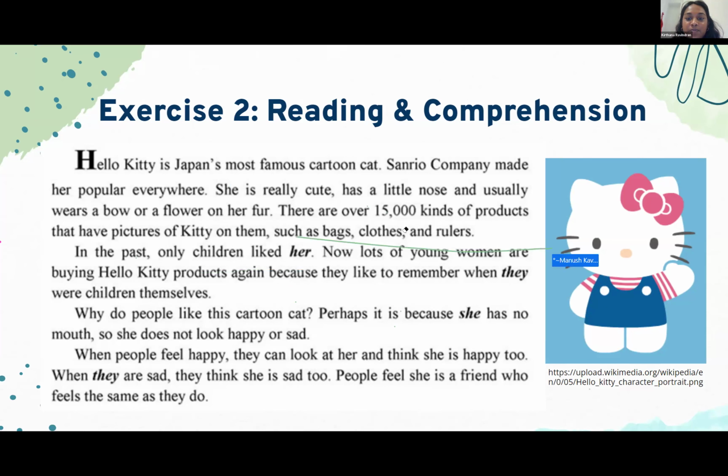Hello Kitty is Japan's most famous cartoon cat. Sanrio Company made her popular everywhere. She is really cute, has a little nose, and usually wears a bow or a flower on her fur.